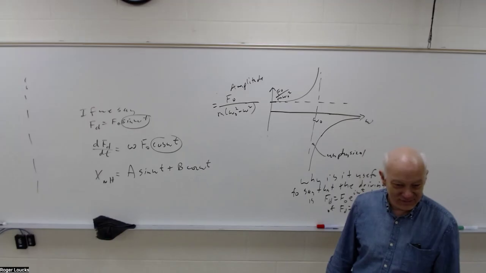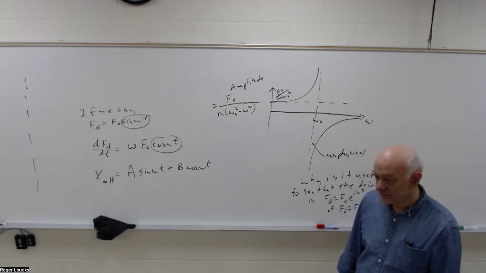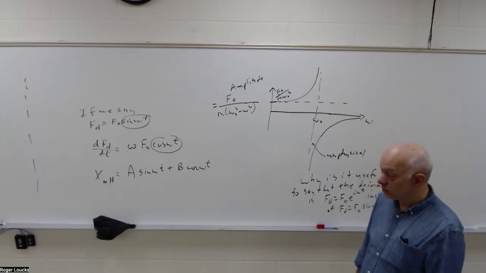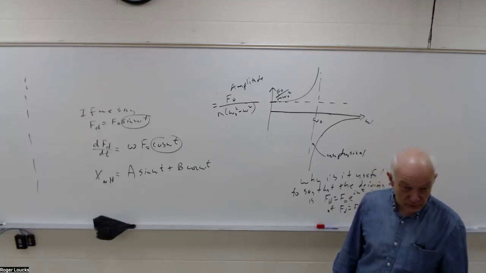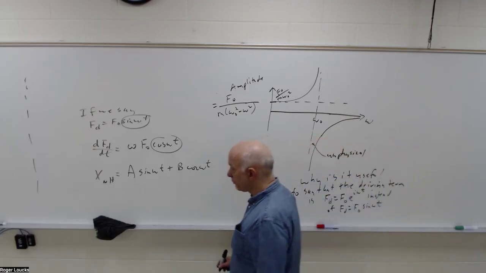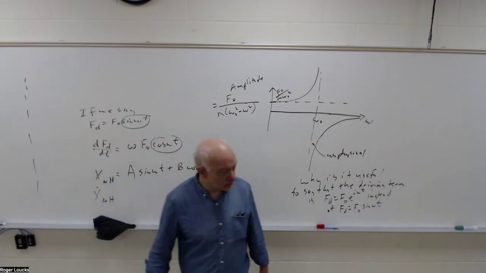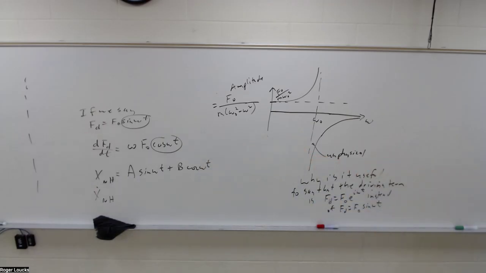How do you solve for anything? You have to take the first derivative, and put it back into the differential equation. So the first derivative of this, am I still clear here? I am clear.